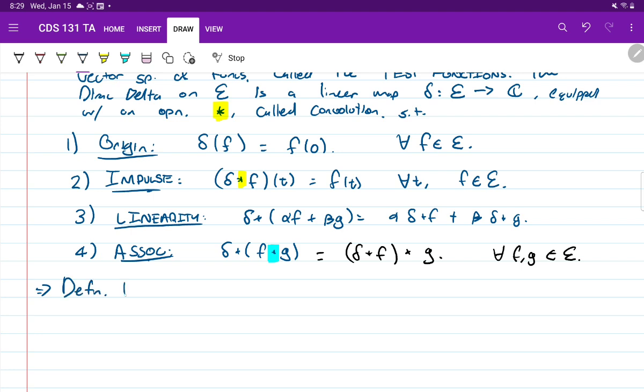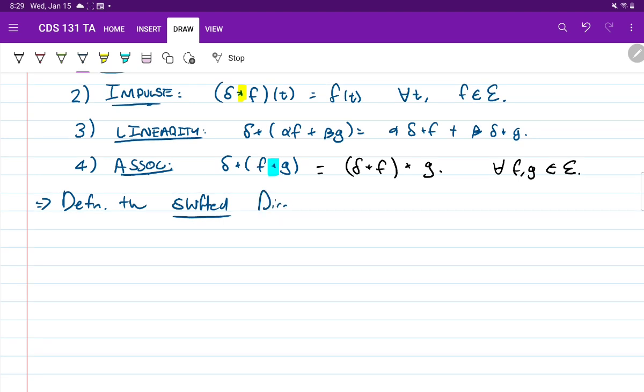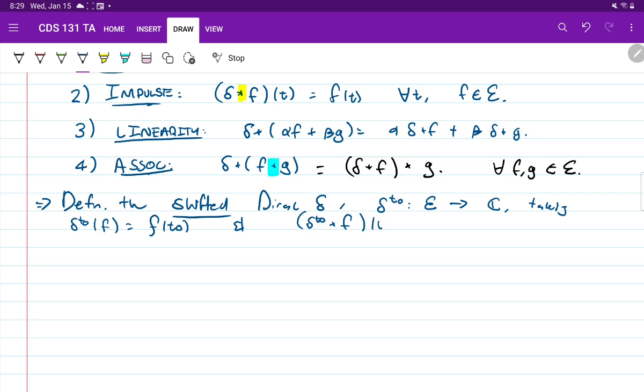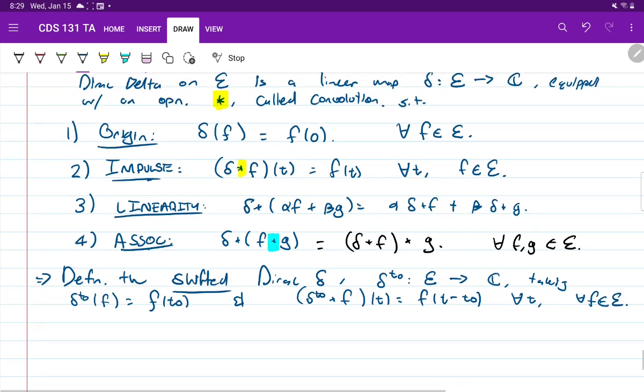So what I'll do is I'll define the shifted Dirac delta as the function delta t naught, which maps from E into C. And this takes a function f to f of t naught, and delta t naught convolved with f, valued at a time t, equals f of t minus t naught. This should hold for all t and for all f in E. Okay, and all the other convolution properties should also follow.